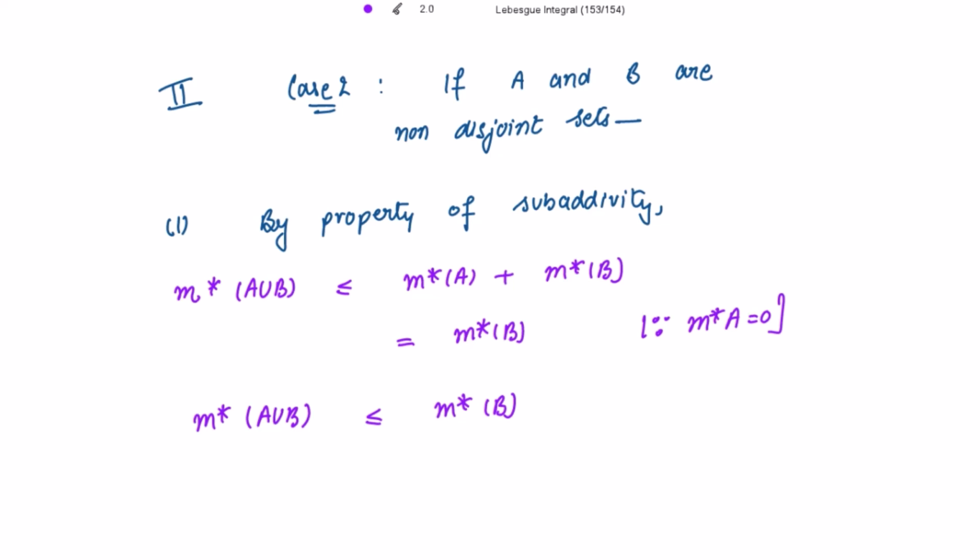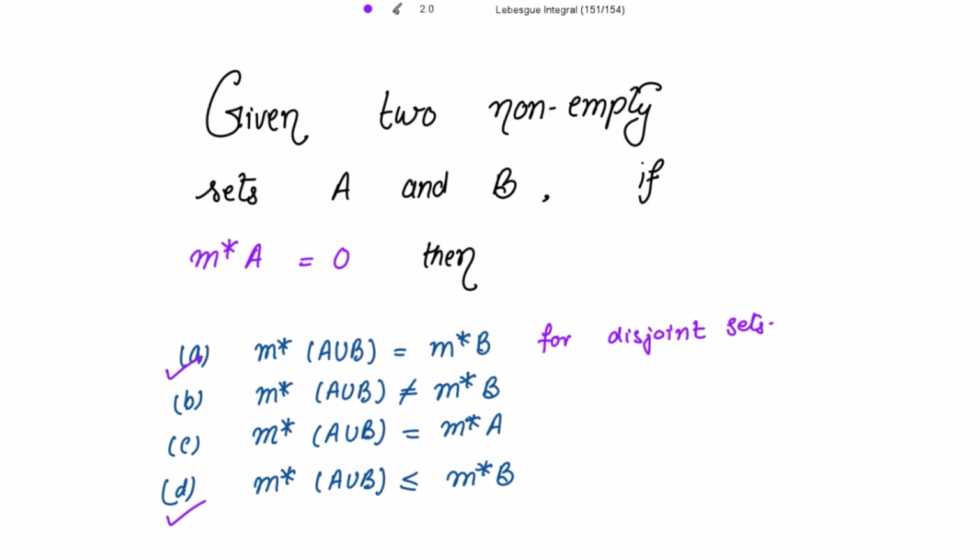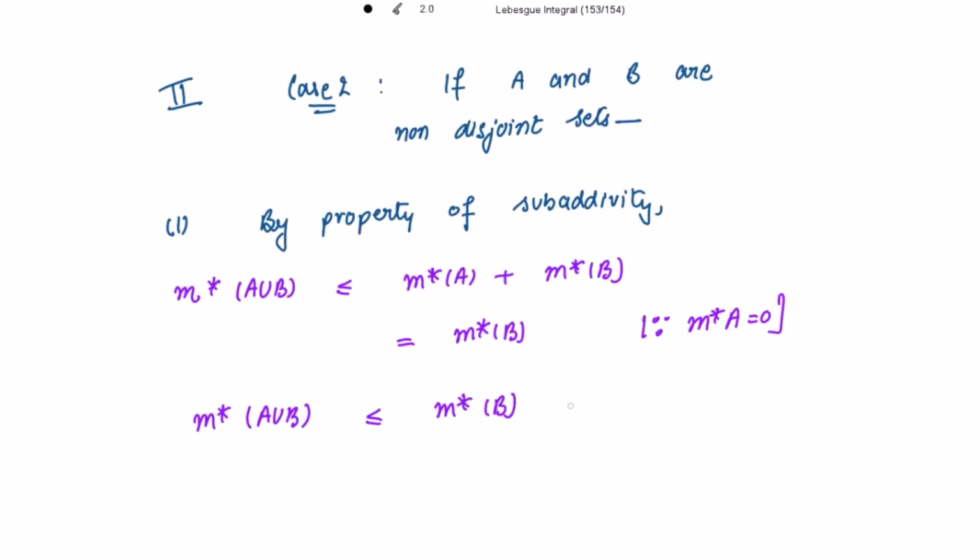Which means the last option is also correct, by the property of subadditivity. Let me mark this as inequality 1.